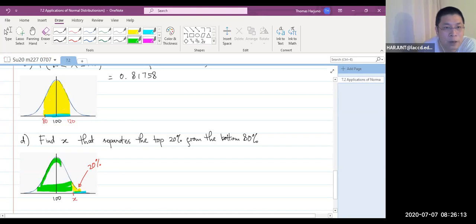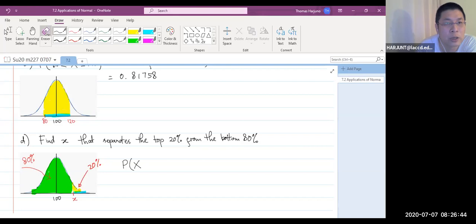So instead of finding the probability, we want to find the cutoff. What is the X that separates the top 20% from the bottom 80%? Let me change that to C, okay?